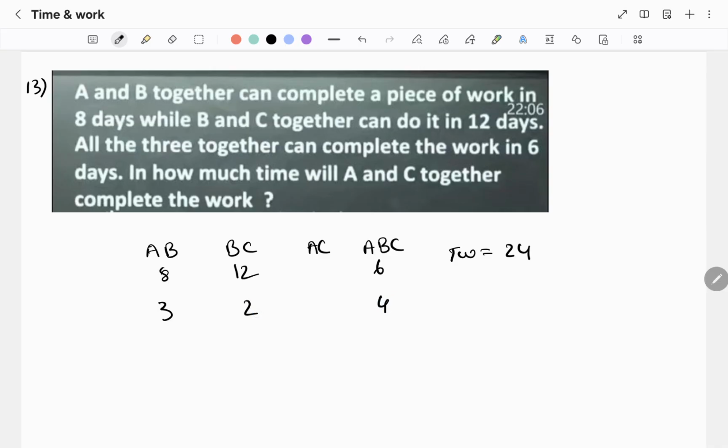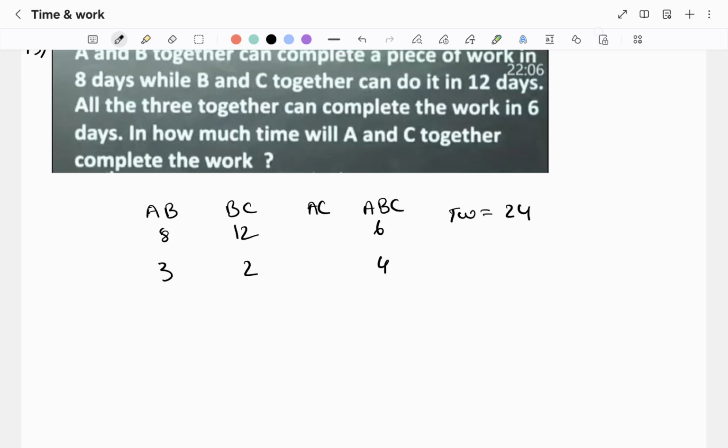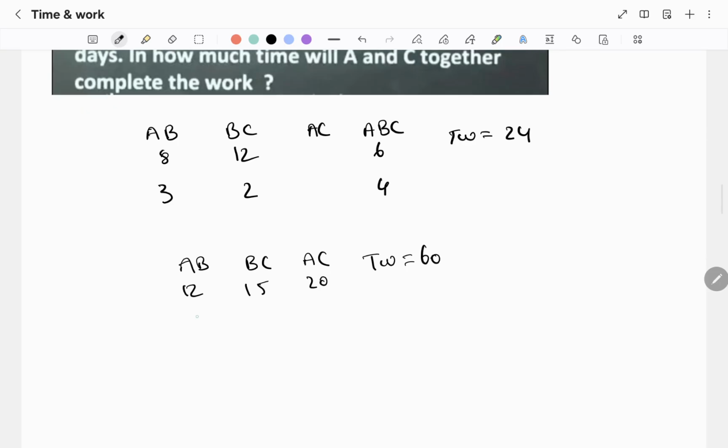Before discussing this question, I have to discuss a small point. Suppose AB takes 12 days, BC takes 15 days, AC takes 20 days to complete a work. Total work is equal to LCM, which is 60. 12 5s, 15 4s, 20 3s.